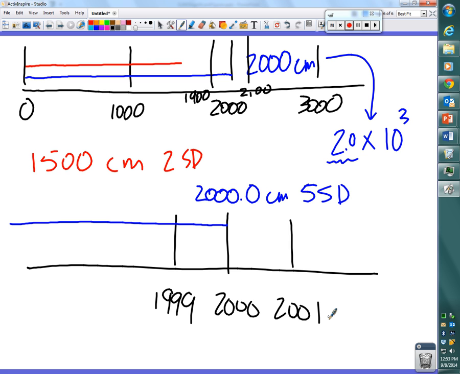That's 2,100. Because here, Alex, if I write 1900, then now the 19 becomes the certain part, and you have to go 1 past that, right? So this would be 2 certain digits, 1 uncertain digit. That would be a situation where we have to go that way. Good there? Yeah. All right.